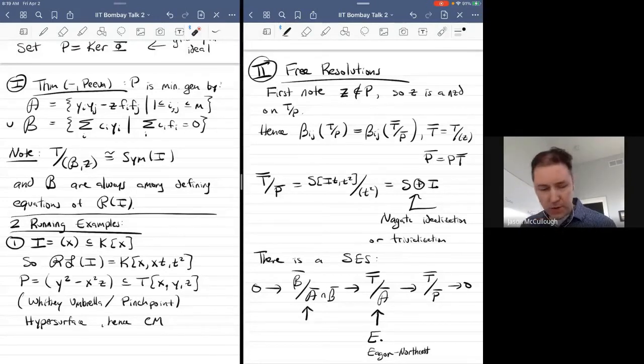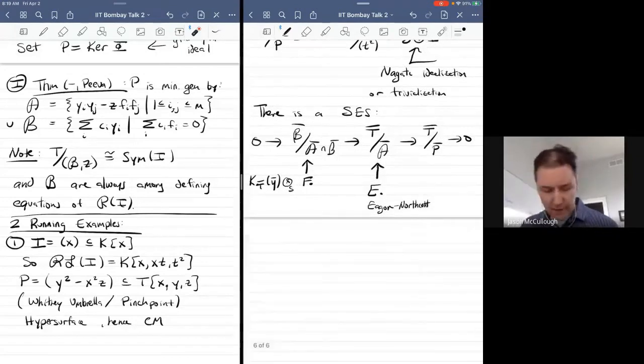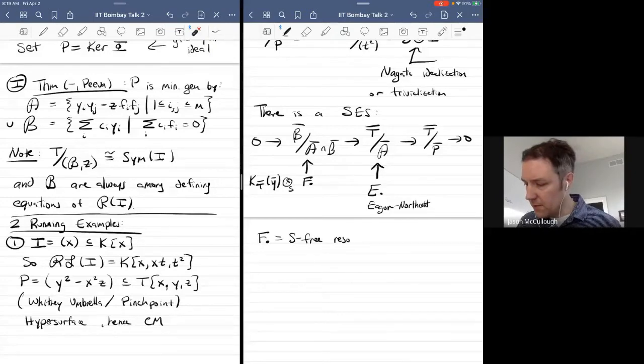This one takes a little bit more work, but you can show that this is resolved by a Koszul complex on the y variables tensored over S with F dot, where F dot is the S free resolution of the first syzygy module of my original ideal. So that's how we inherit a lot of properties of the original ideal into the resolution of this ideal.